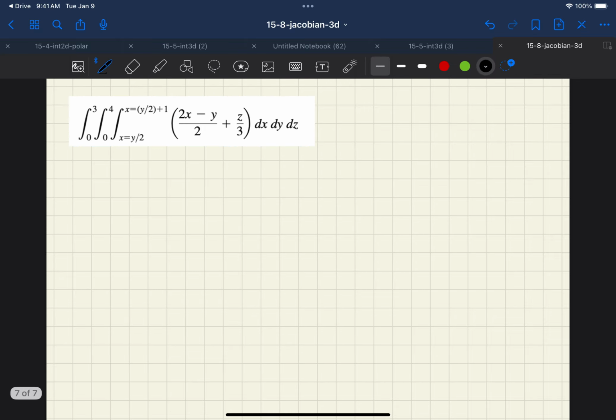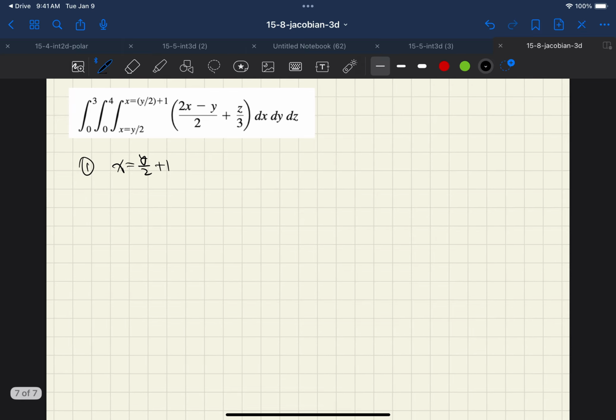So here the 6 planes are: the first plane is x equals y over 2 plus 1. And the second plane is x equals y over 2. Third plane, if you look at 4, it's not just a number, it corresponds to y.